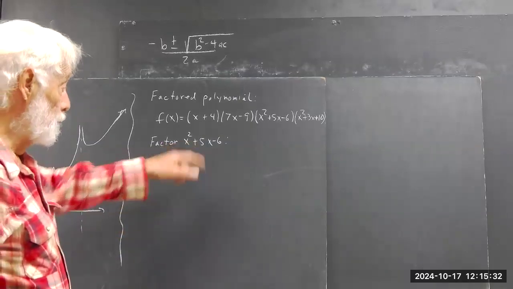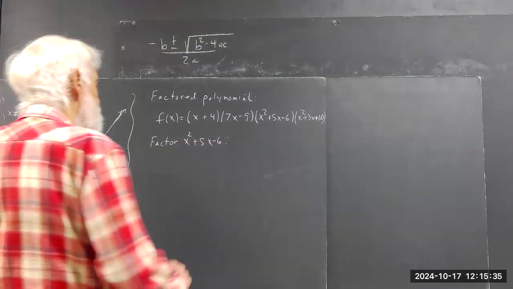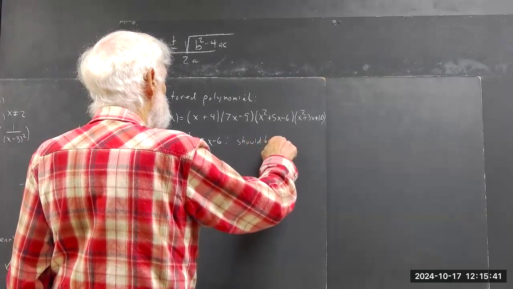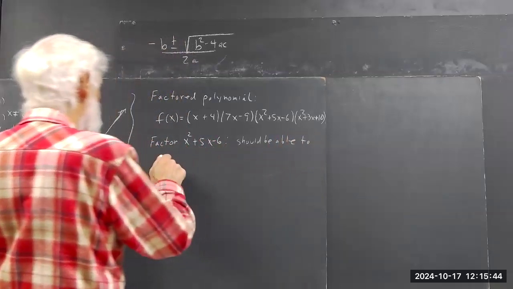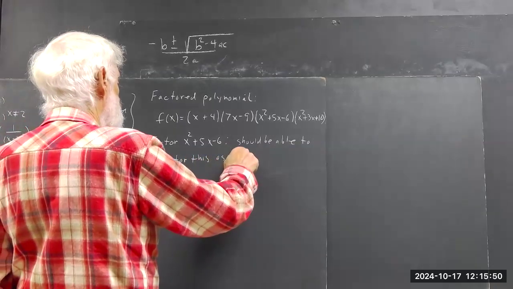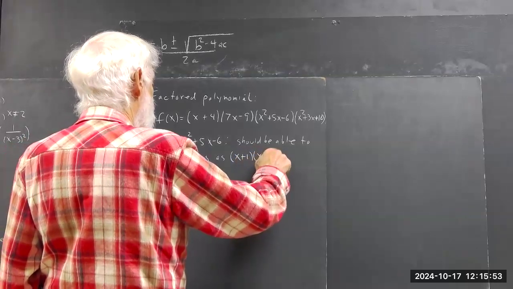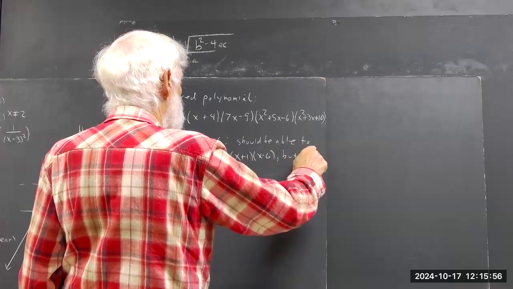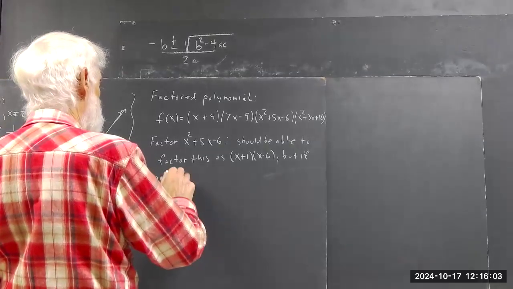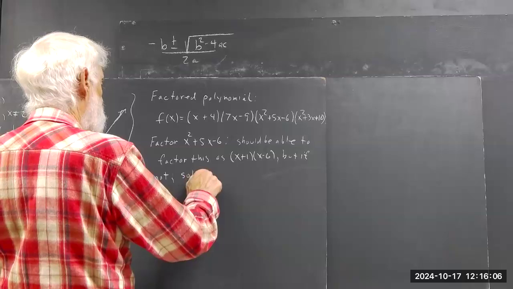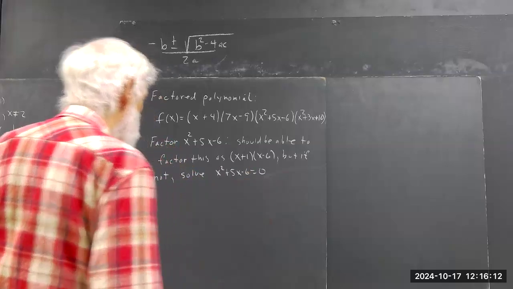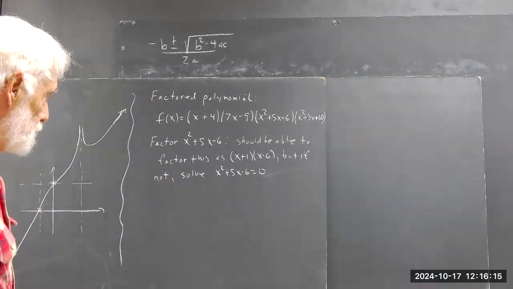And that's one of the easier things to factor. If not, you solve x squared plus 5x minus 6 equals 0.